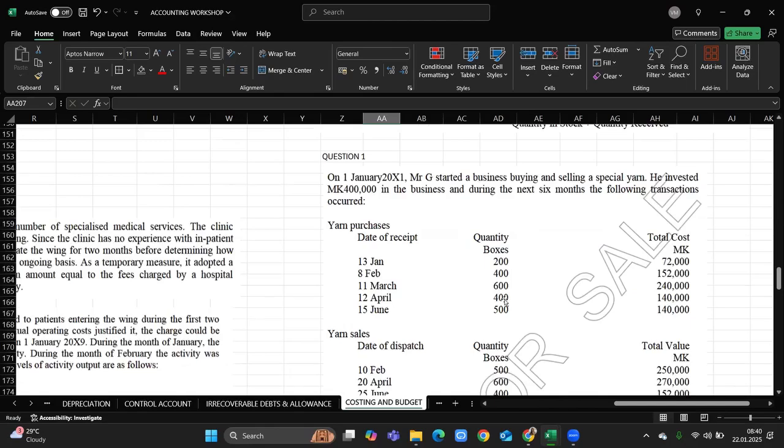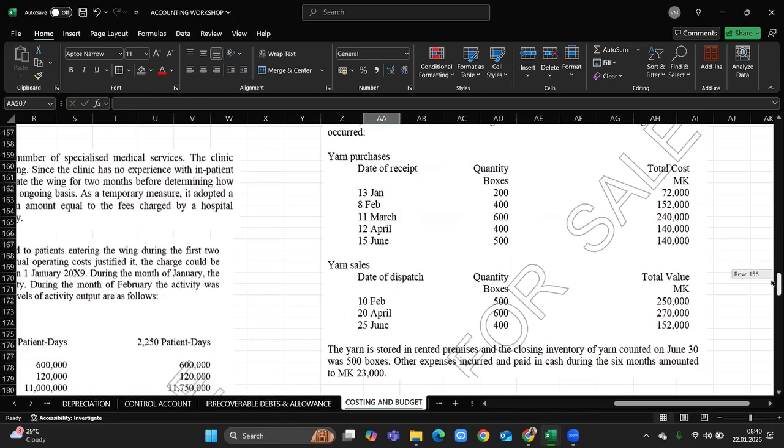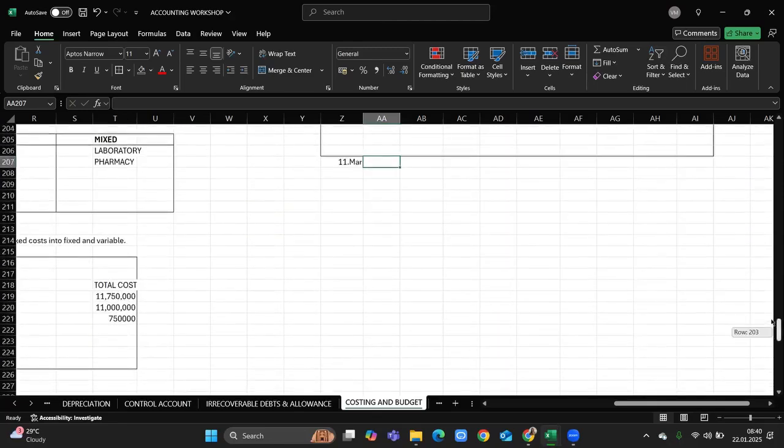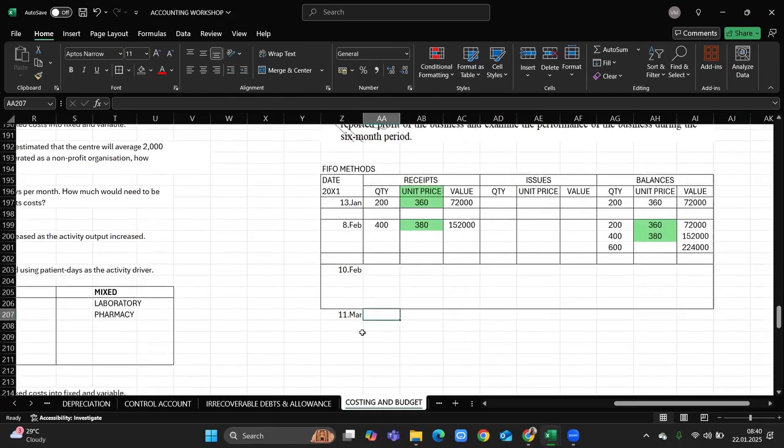So 11 March, back to your, do the entry for 600, 400 and also 500. And before you go to your 500 June, you will have another one 20 April 600. So again, you have to give one box space. So for 11 March, we will have here 600 and then you will have here 400 because your value is 240,000.